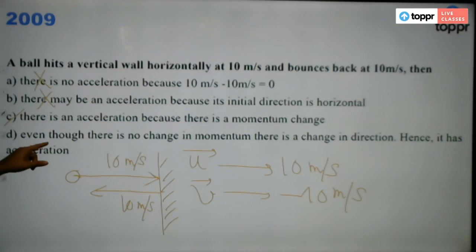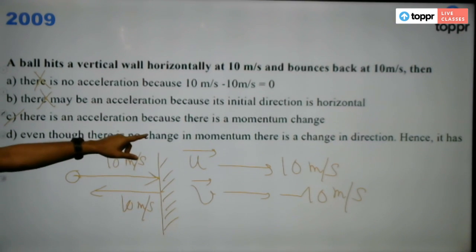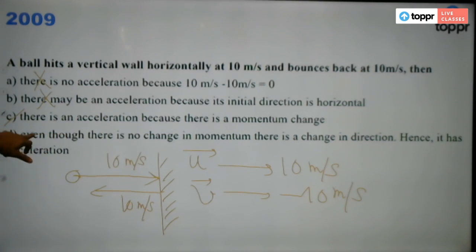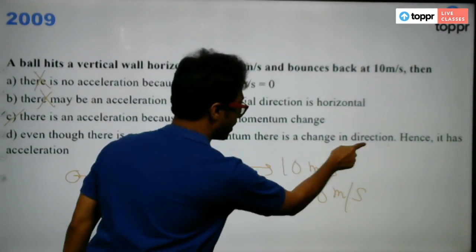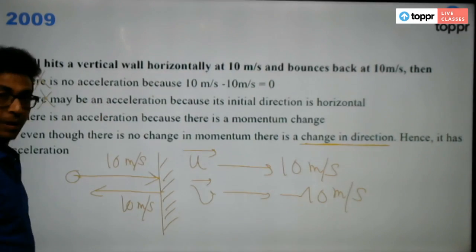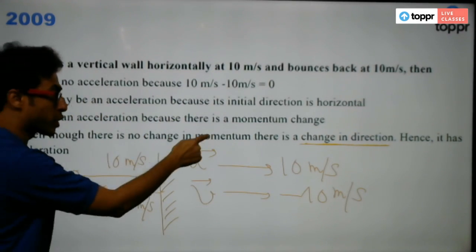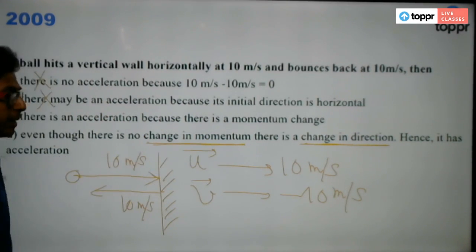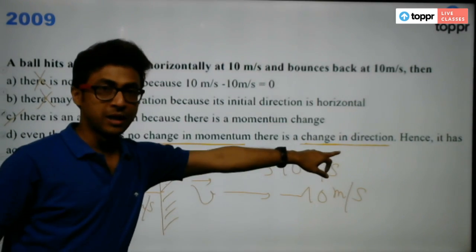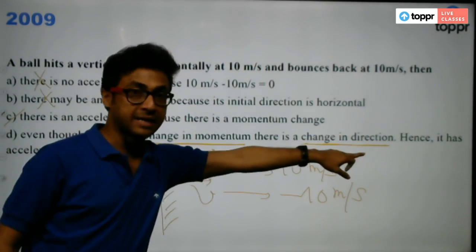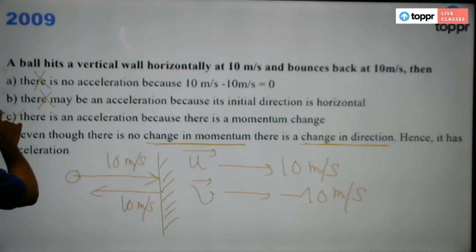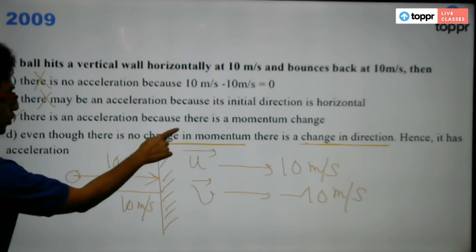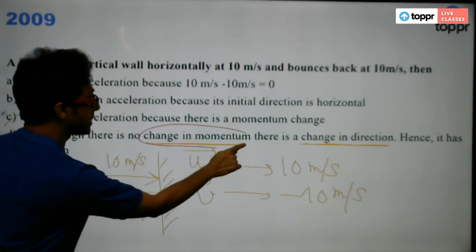Now see, this is a very twisted answer. They are saying there is a change in direction, but if change in direction occurs, because of change in direction there should be a change in momentum. As they are saying there is no change in momentum, this is wrong. So there lies a fallacy.